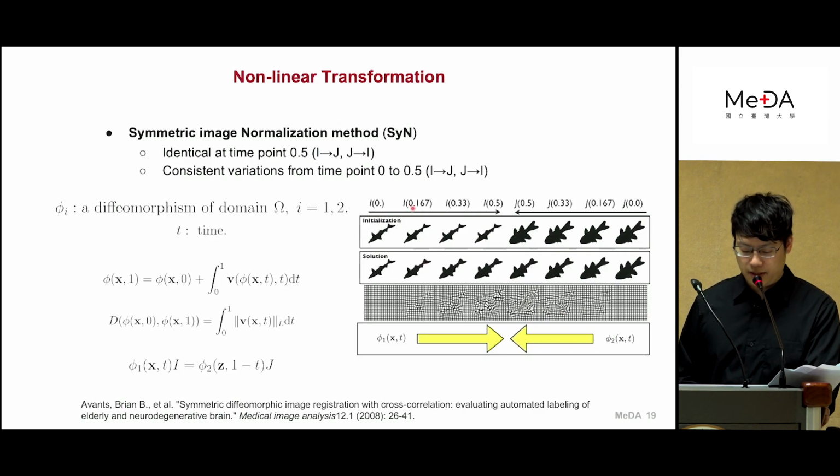Let's consider two images, I and J. First, the algorithm adopts a bidirectional approach, meaning image I is transformed to image J, and simultaneously, image J is also transformed to image I. Second, they conceptualize the transforming process as a timeline from time point 0 to time point 1, dividing it into multiple time points.